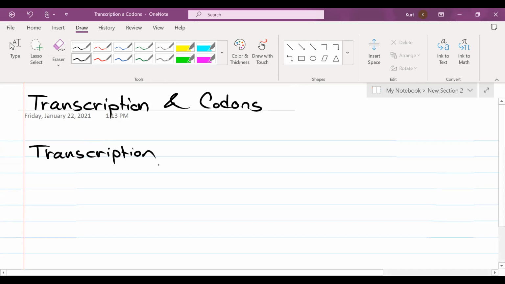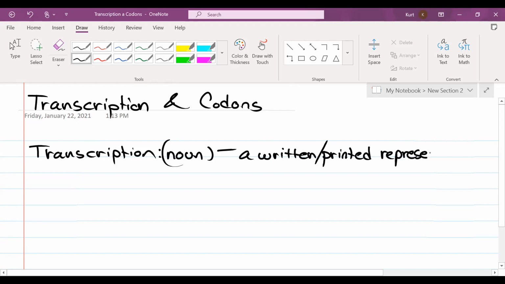According to dictionary.com, and this is not a biology word, this is a basic English language word, it is a noun, and it means a written or printed representation of something.